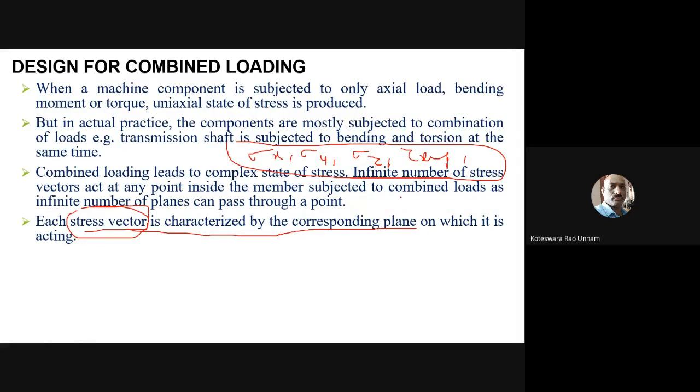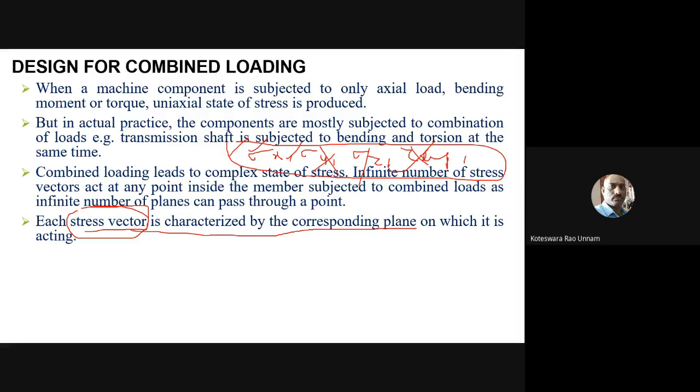That is, sigma z, tau zx, tau yz are 0. You have only sigma x, sigma y and tau xy. In case of uniaxial, you don't have the y direction either, so you don't have sigma y and tau xy. You have only sigma x. That is what we call uniaxial, biaxial.